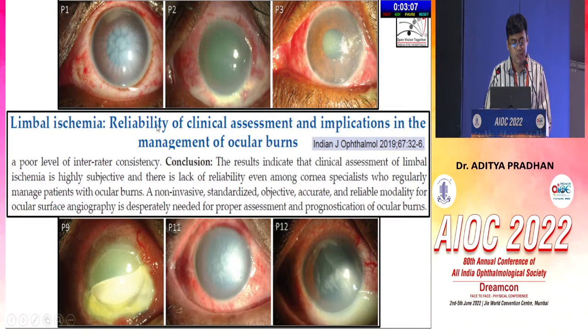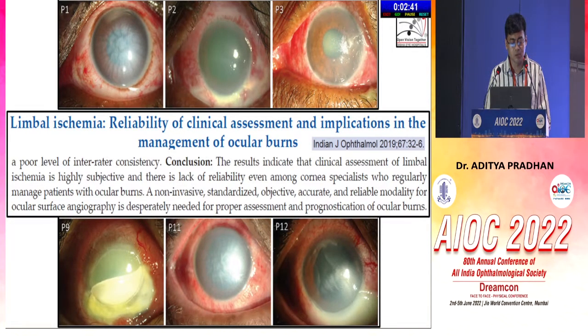So we all know that limbal ischemia, the worse the ischemia, gives rise to worse prognosis. But this study, which was carried out in IGO in 2019, presented a series of photographs to cornea specialists, general ophthalmologists, and fellows, who were asked to just look at the image without looking at the patient themselves, and say what grade they feel this image represented on the DUA scale.